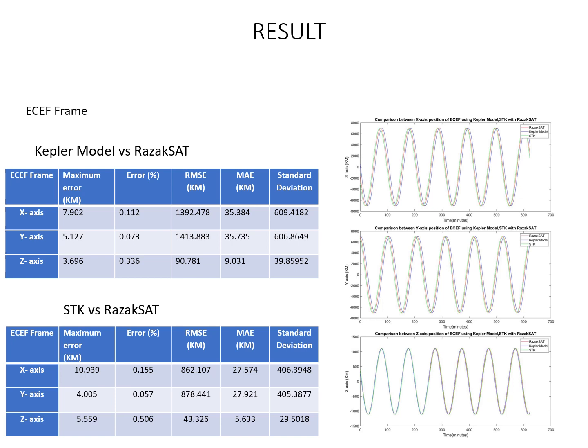Meanwhile, for the ECF frame, same as the ECI frame, the Keplerian model and STK are compared with Razaksat data for three axes. Of course, we analyse the maximum error, percentage error, RMSE, MAE, and standard deviation. The ECF frame gives the same line pattern as the Razaksat data.